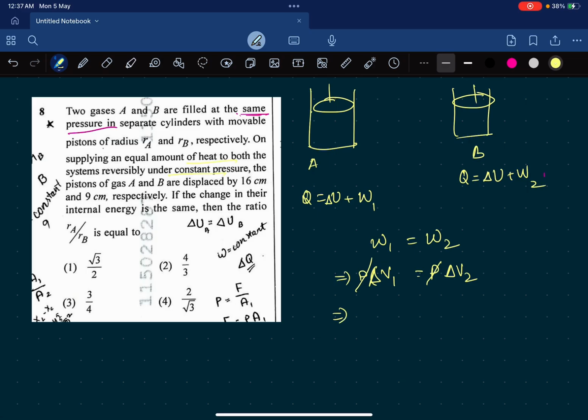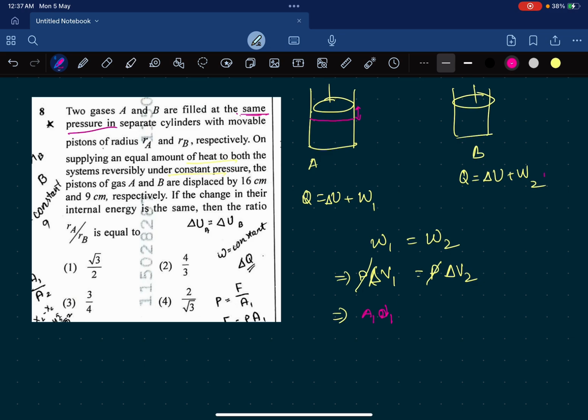You see, if I look at the cylinders, let's say the piston moves up by a certain distance. Then what is this change of volume? So change of volume will be area multiplied by distance. So what is the distance?